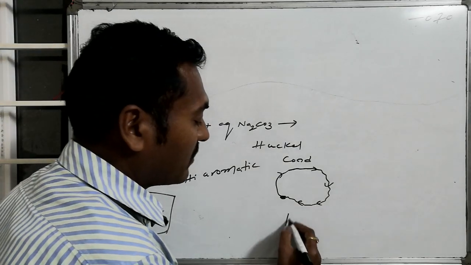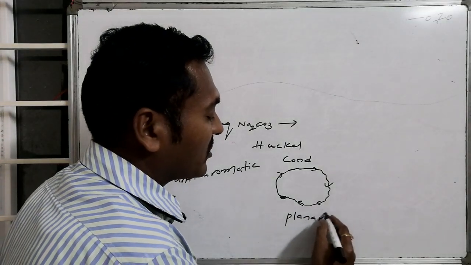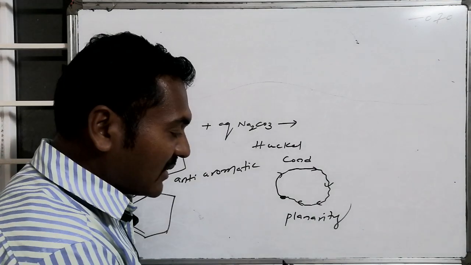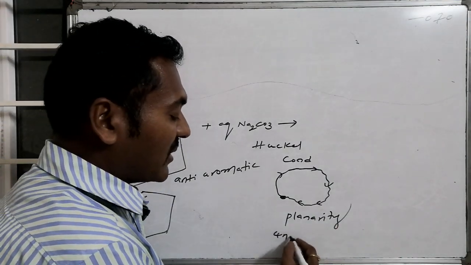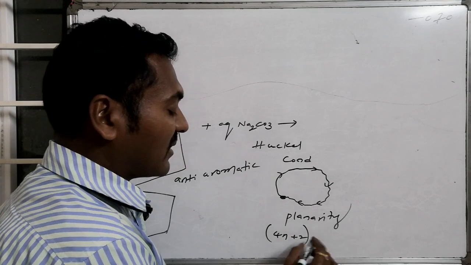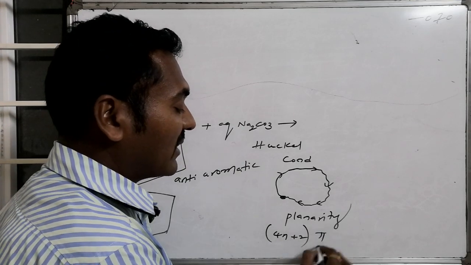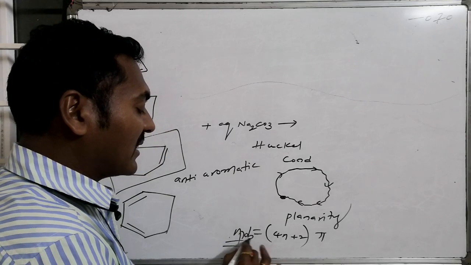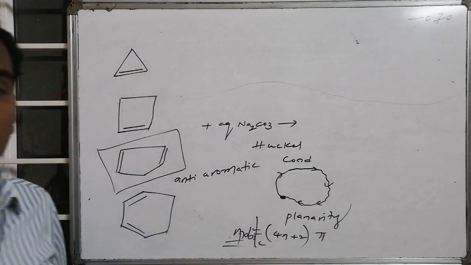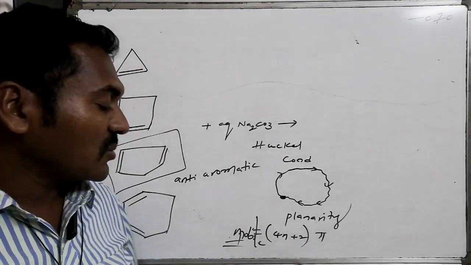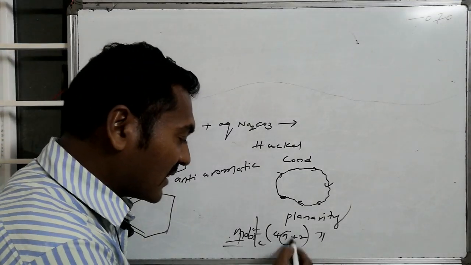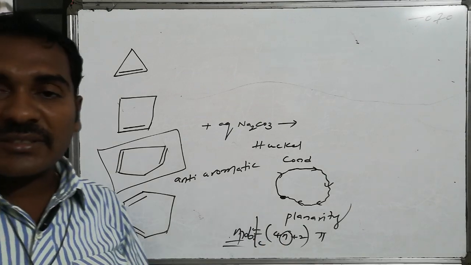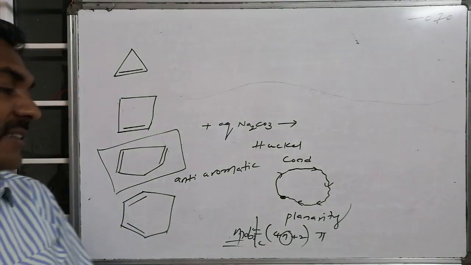Moreover, it should maintain planarity, and the total number of mobile pi electrons should be 4n plus 2. Here n is an integer; n can be 0, 1, 2, etc.